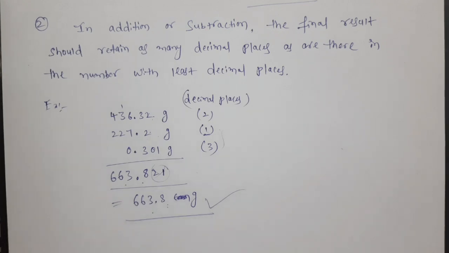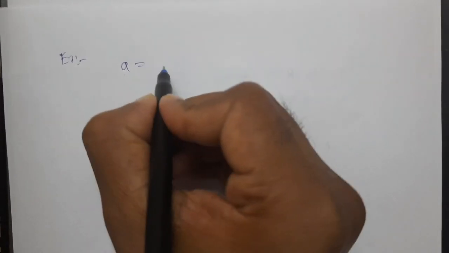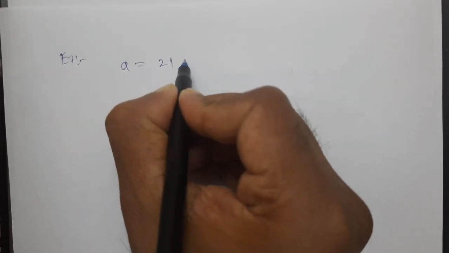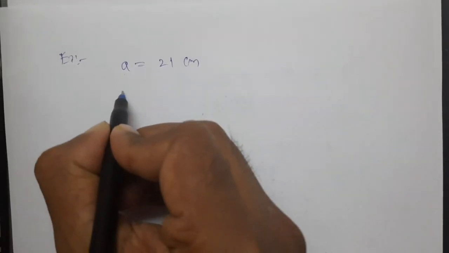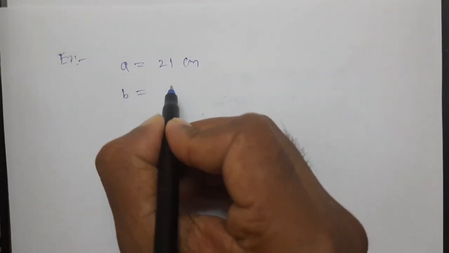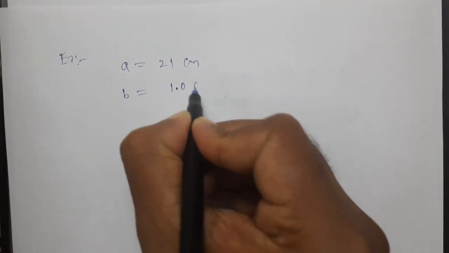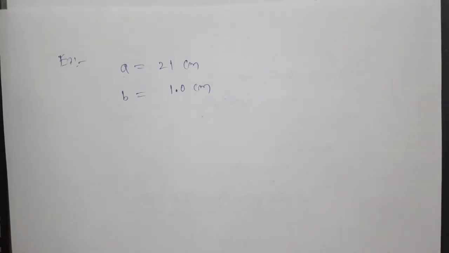Now I'll tell you one more example for this one. Suppose I have some length A equal to 21 centimeters and some B equal to 1.0 centimeters.